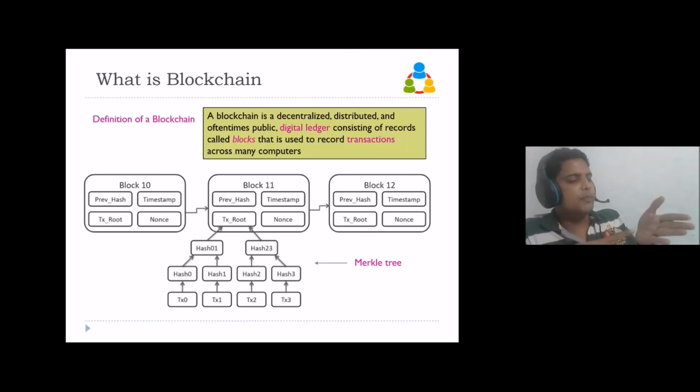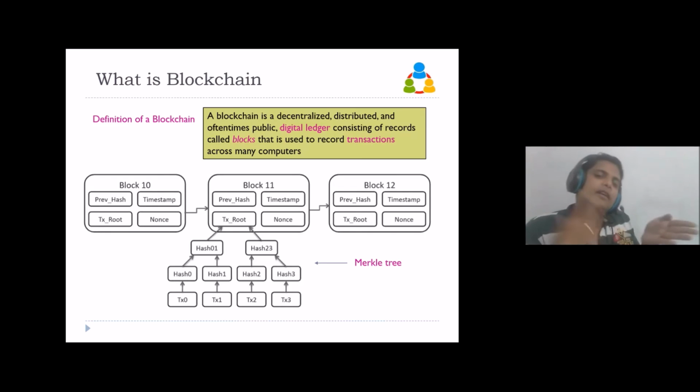The moment you modify the data inside a block, you will have to create a new block. Let's say you managed to create block 100, but you changed the data. Your block's hash will no longer be 1111. It will be calculated to a different value, let's say 4444.